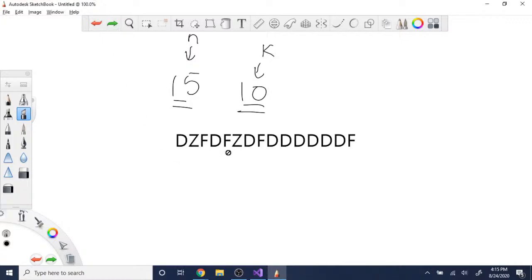So D, Z, F, D, F, Z, D, F, D, D, D, D, D, F. So for each of the ith card, we should calculate how much we should give. So if there's 9 D's, right? There's 1, 2, 3, 4, 5, 6, 7, 8, 9.